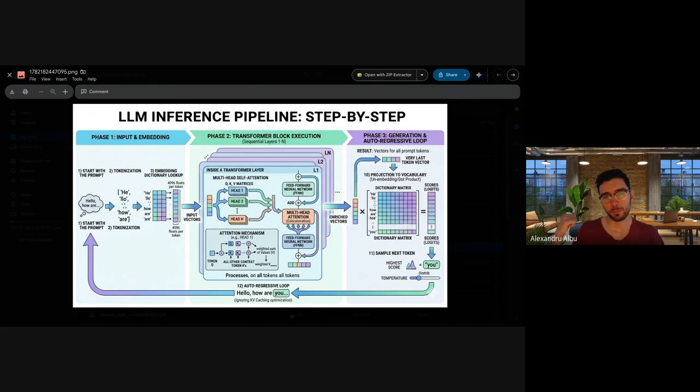Basically, what it's trying to do is bring the meaning of the token, to enrich it so that it is the actual meaning that the word or the token has in the prompt, right?